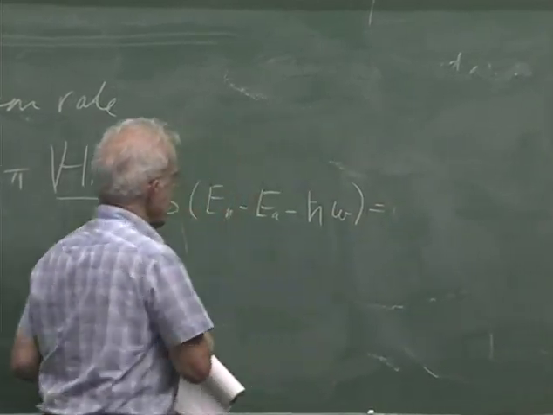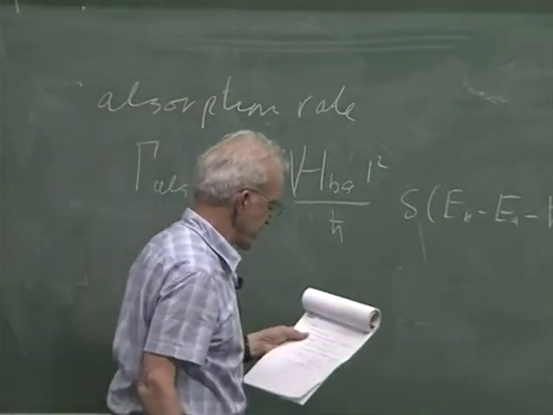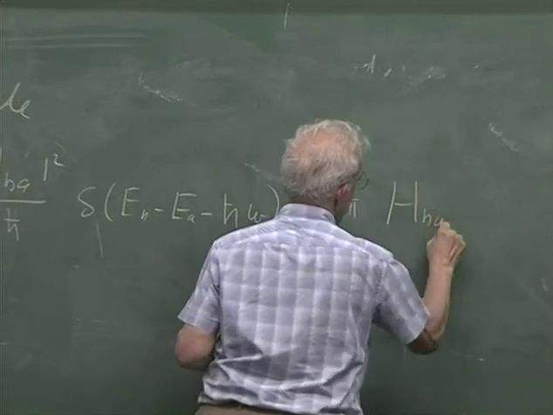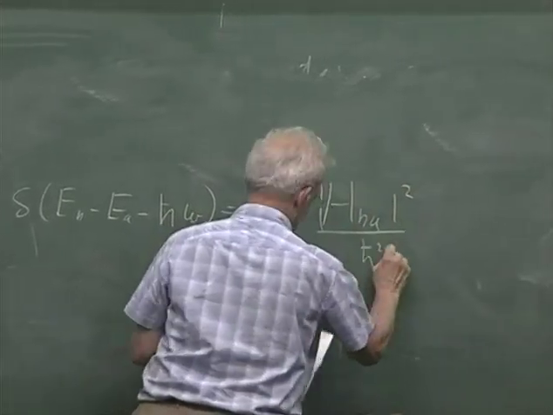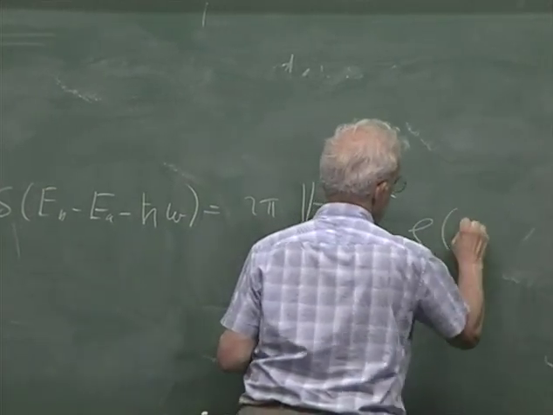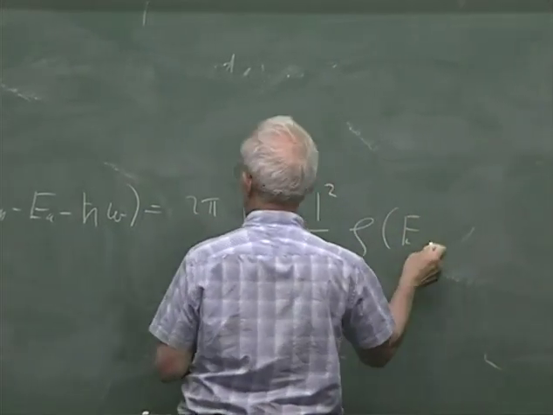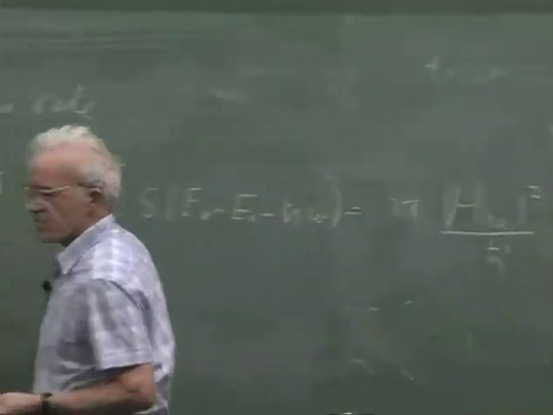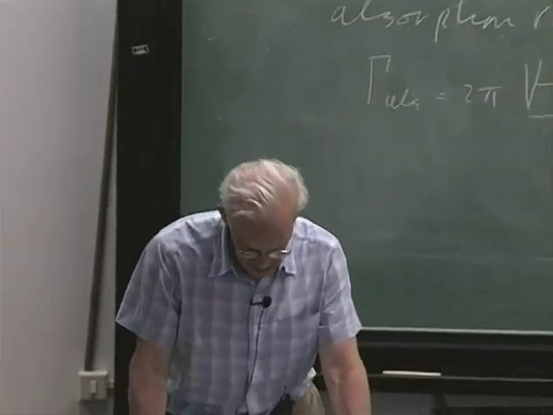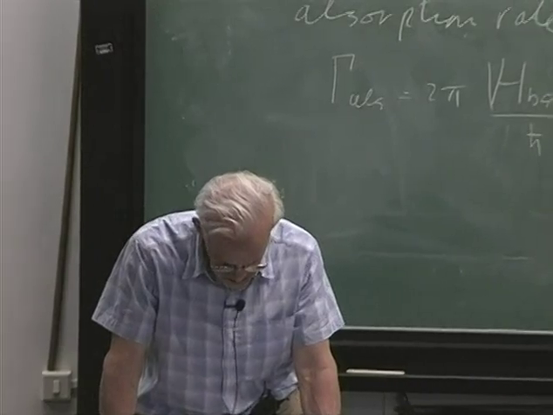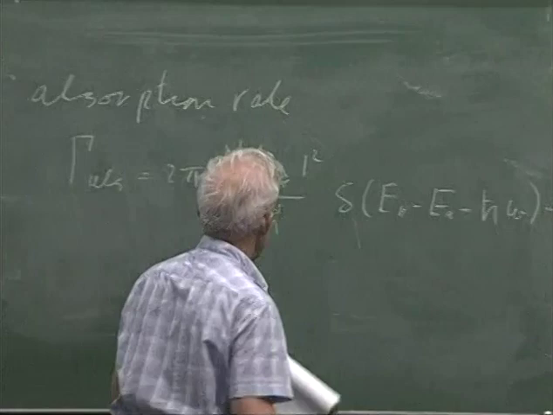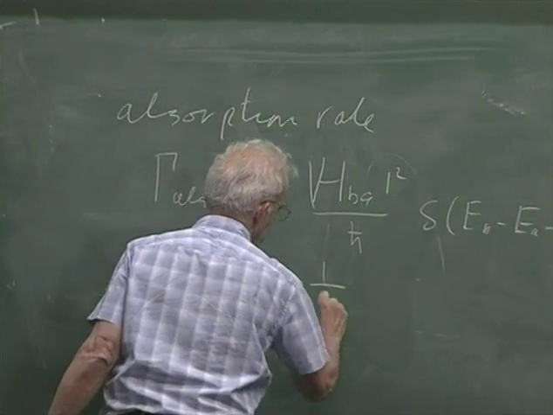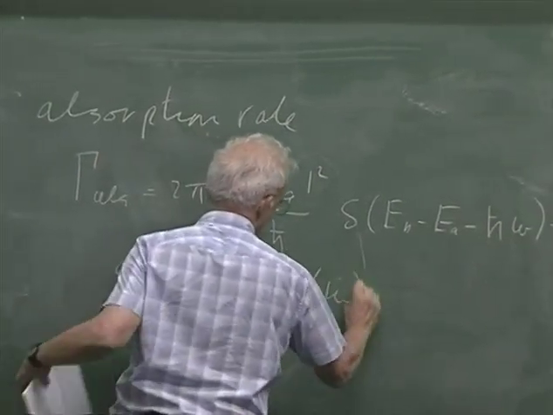And when I integrate this over any distribution of energies which are present, it just becomes 2 pi times |H_BA| squared over H bar squared times rho of omega, the spectral density of modes of energy at the transition frequency. I've used the fact that the density of energy over here is just going to be 1 over H bar times rho of omega. Okay.